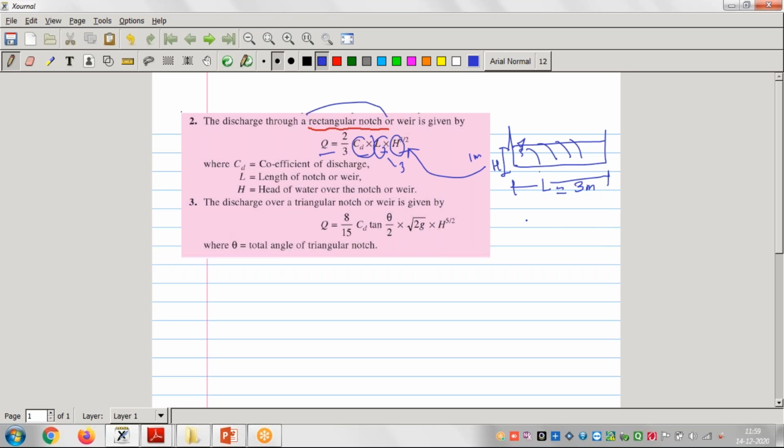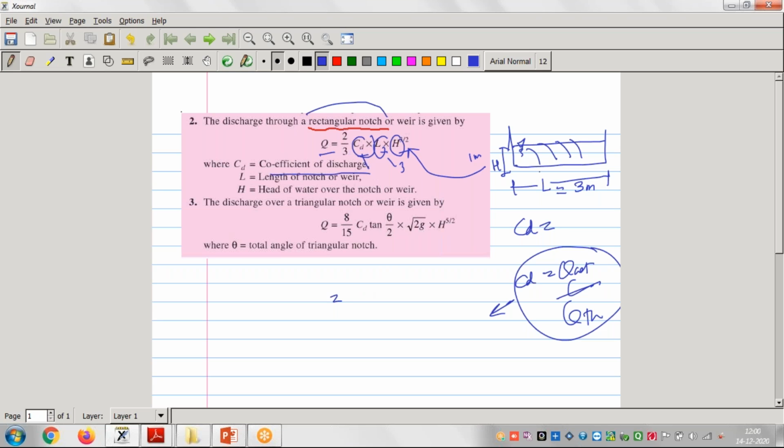Now, what is CD? CD is actually the coefficient of discharge. Coefficient of discharge means the actual discharge upon theoretical discharge. So we get these CD values, and this CD value is already defined by various experiments for the rectangular notch, right?